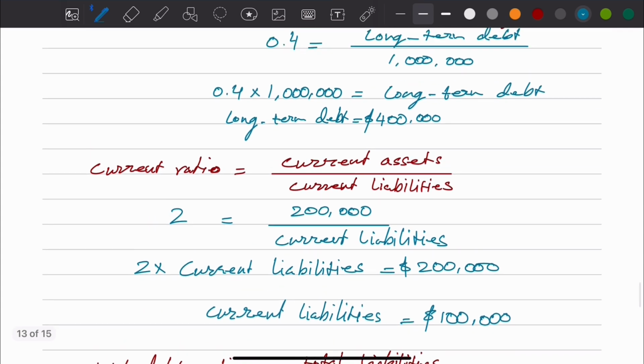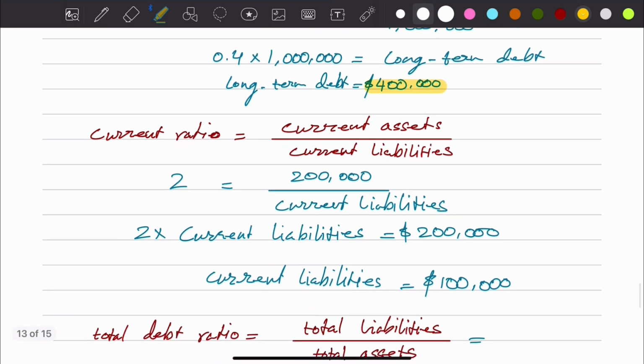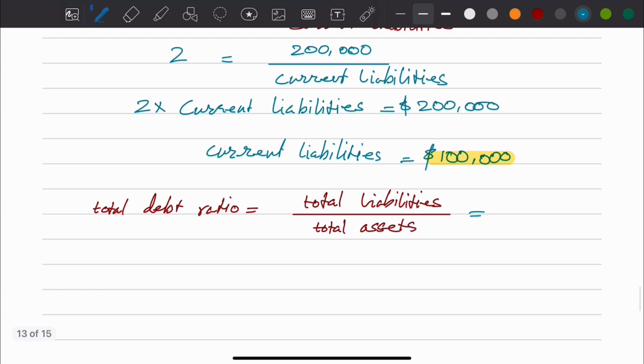That was 400,000 and 100,000. Plus 400,000.